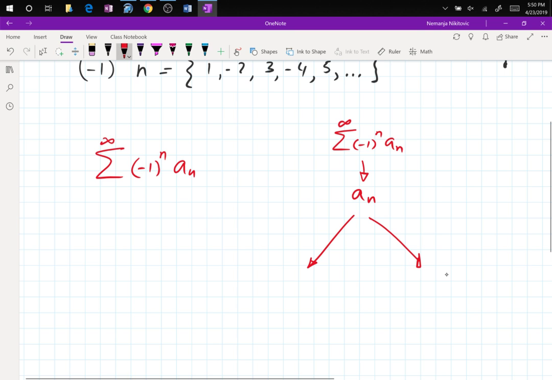The an could have a limit of 0, so limit of an equals 0 as n goes to infinity, and be decreasing. If that's a yes, we go into the convergence pile. And if it's a no, it's most likely going to diverge.